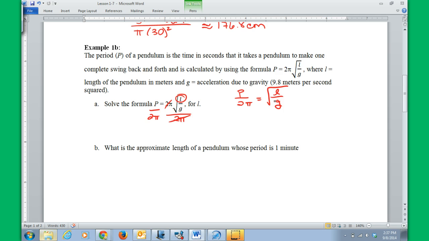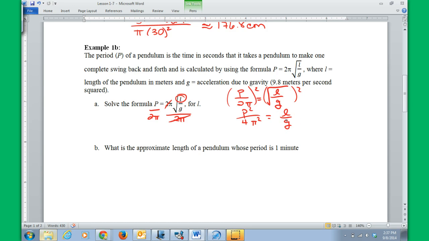How do you get rid of a square root? Yeah, you square both sides. Yep. So I'm going to square this side and this side. Now I have p squared, and what is 2 squared? 4, and then we have pi squared next to that, equals L over G. So we're almost done, not quite.